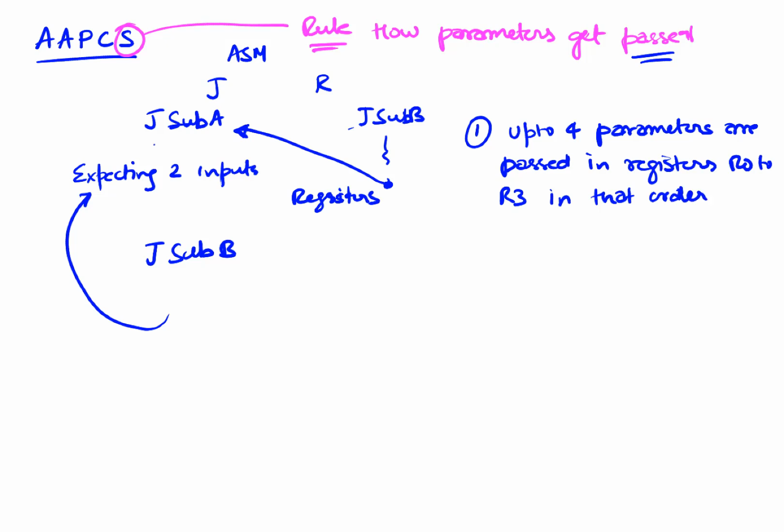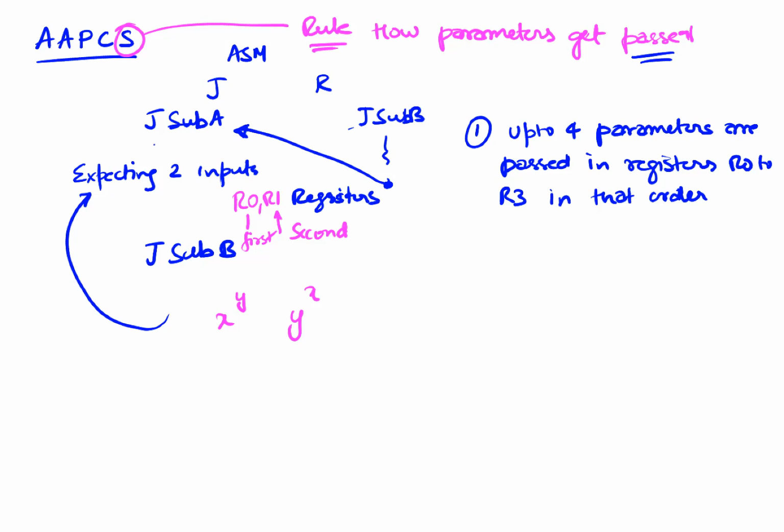Clearly, we'd pass them in R0 and R1. R0 will be the first and R1 will be the second. We have to agree on that. If I send them in the wrong order, you could be doing something wrong. Maybe your idea was performing x to the power of y, and now you're going to do y to the power of x. That wouldn't be right. We get completely messed up. So that's our first rule.